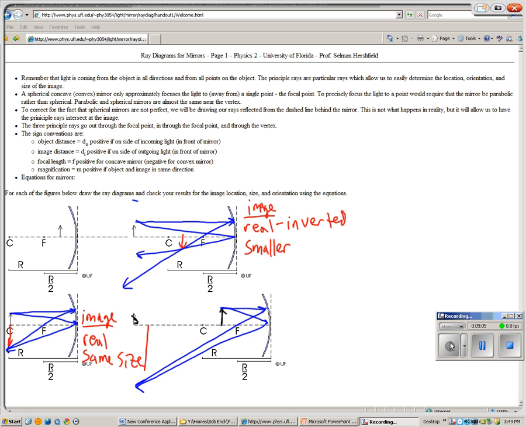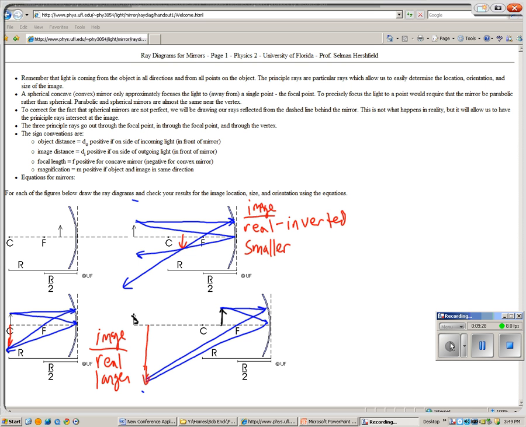So my image actually is right there. Let me erase this out of the way. In that case, that image that's formed right here is still real because it's inverted, but now it's larger than the object.